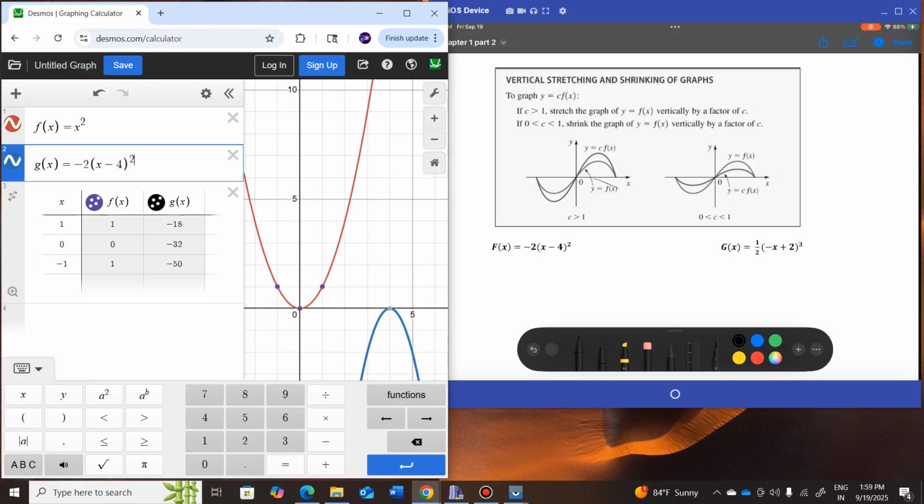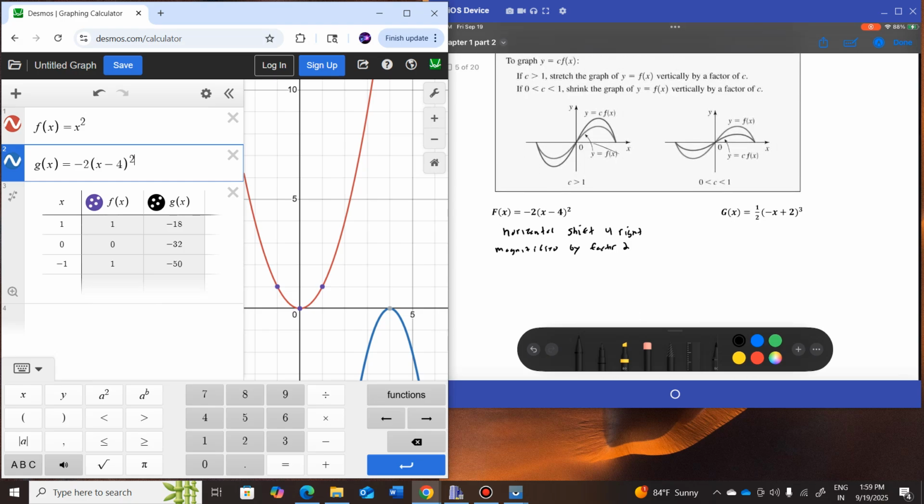First one is shifted, a horizontal shift, 4 units to the right. And then it's magnified by a factor of 2, doubled in size basically, and then it's reflected over the x-axis.